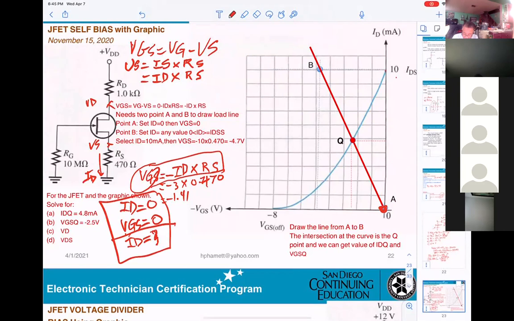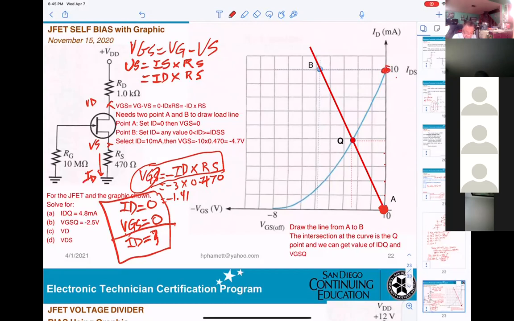That's why you get the first point right here. In order to draw the line, you need a second point. What I'm saying is you can pick any value of ID you want here, here, here. In this example, they pick 10.